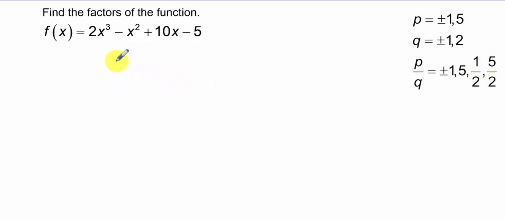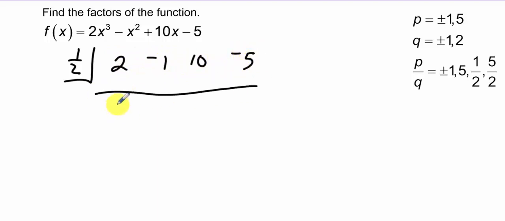I'm just going to go ahead and try a half in this case. And in so doing, I put my 2 here, my negative 1, my 10, my negative 5. Bring the 2 down. 1, 0, 0, 10, 5, 0.